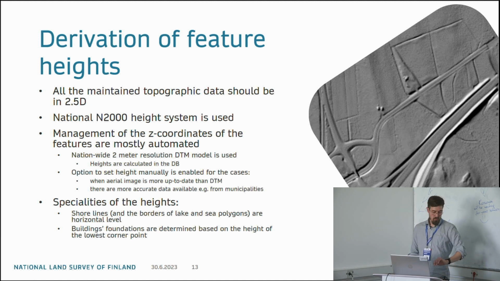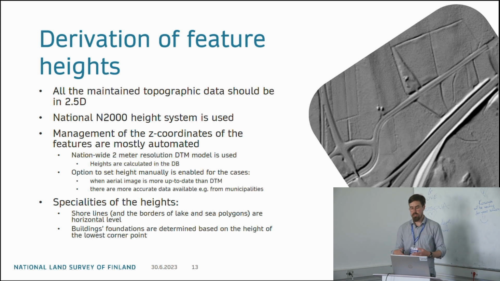The management of the height coordinates of the features is mostly automated, but there are also options to set height manually using stereo mapping, for certain cases. There may be differences in the up-to-dateness of our digital terrain model and aerial image and so on.